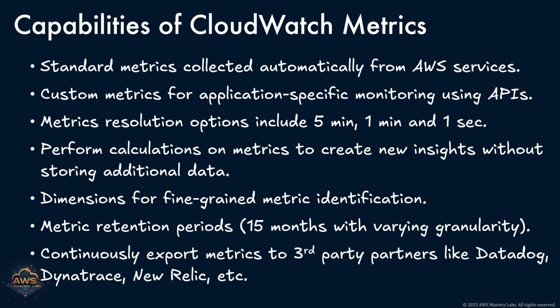The agent works across both Windows and Linux operating systems, which is ideal for hybrid or diverse environments. Whether you're monitoring legacy applications on Windows servers or modern microservices on Linux, you can maintain consistent and unified visibility across all your systems. In addition to basic system metrics, the CloudWatch agent supports integration with StatsD and collectd protocols.